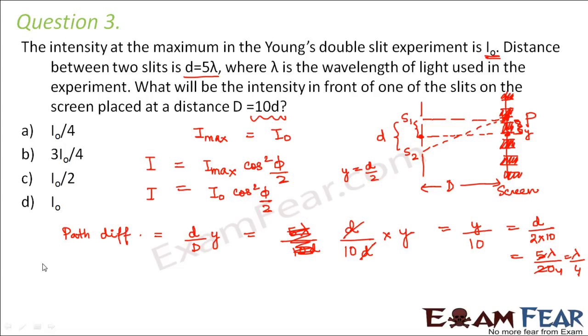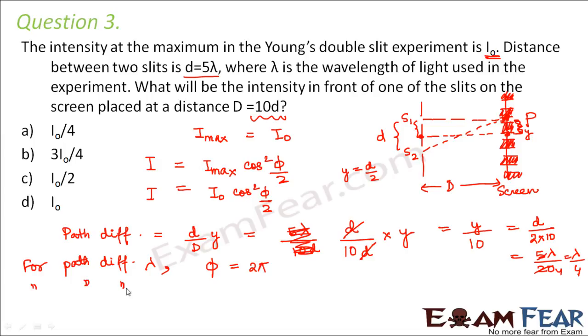Now how do we calculate phase difference? We know that for a path difference of lambda, which is one complete wavelength, the corresponding phase difference is equal to 2 pi. 2 pi is 360 degrees. So one complete angle corresponds to a path difference of lambda.